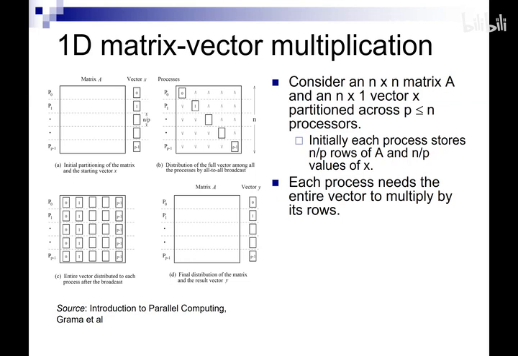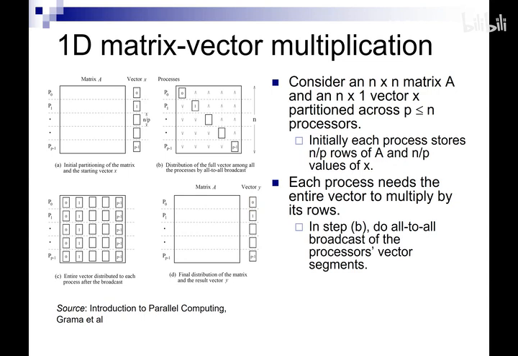Then each process just takes the rows of the matrix that it has and multiplies them by this vector. After doing that, each process is going to end up with some of the rows of the output vector y. We're computing y equals A times x, and so each process will end up with some of the rows of y, and that's the entire computation.